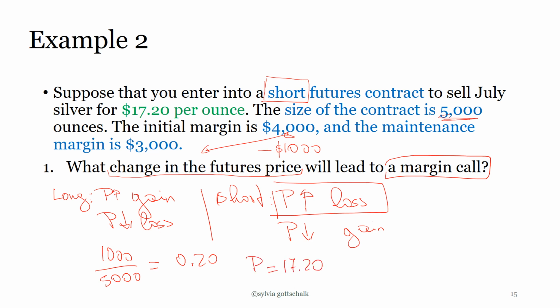So the new price is going to be $17.20 plus 0.20 dollars, which gives you $17.40. So that's the answer. The change is 0.20, and the new price is $17.40.